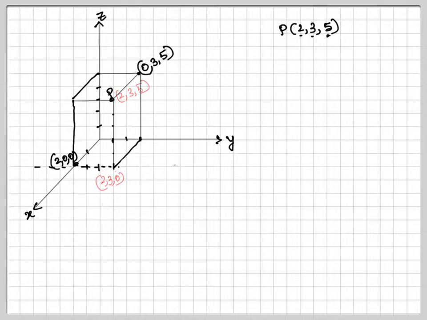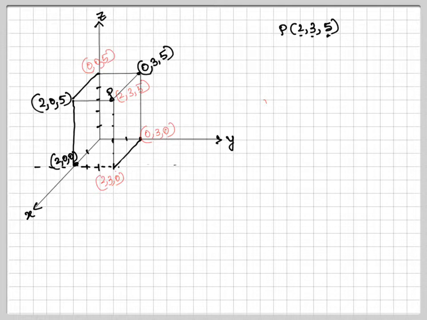On the xz plane, the foot of the perpendicular will have its y coordinate 0, so it is (2, 0, 5). So these are the points, and we have completed the box. The rest of the points: on the z-axis it is (0, 0, 5), and on the y-axis it is (0, 3, 0).